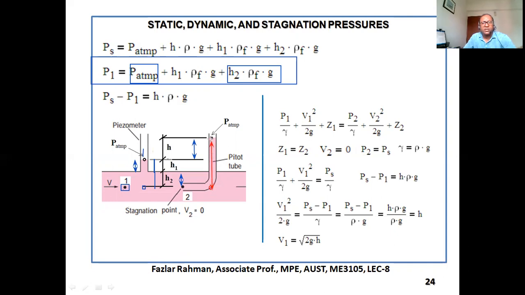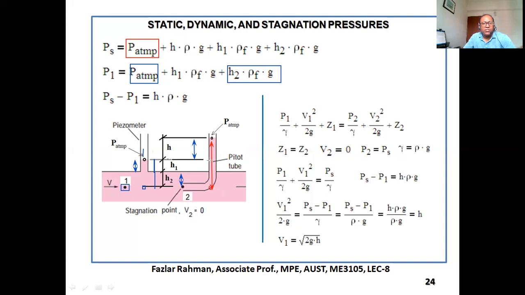So how much is the pressure over here? Atmospheric pressure. So P atmospheric plus, we come down from here to here, that means h rho g. Okay, manometric fluid. It's the same fluid, we can say this one also F.